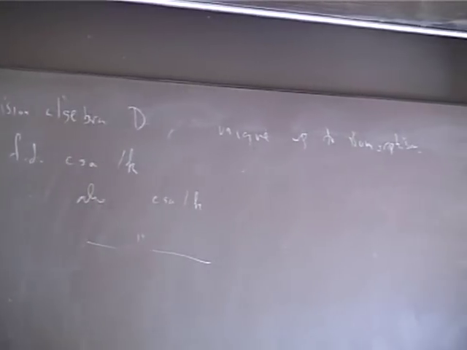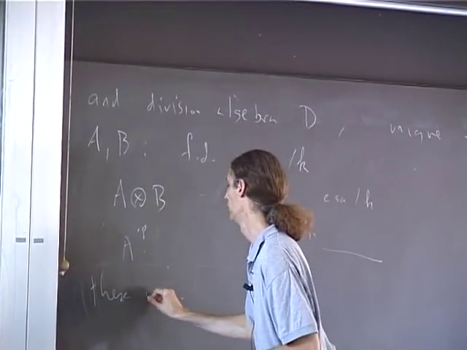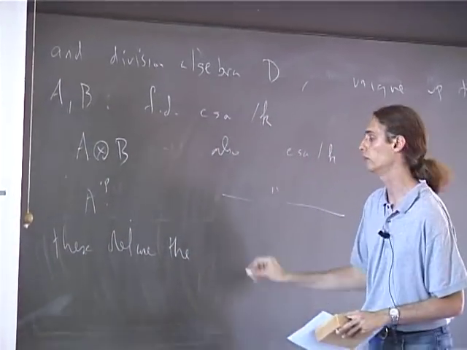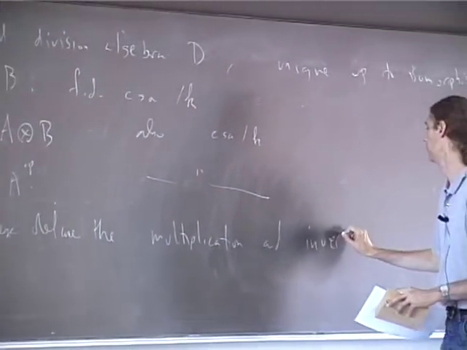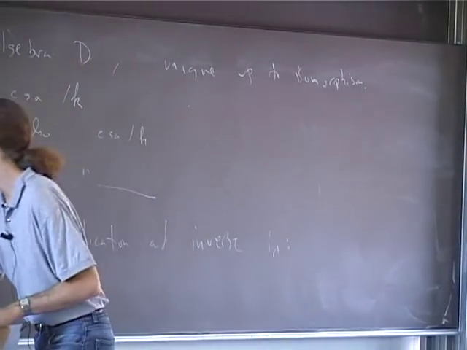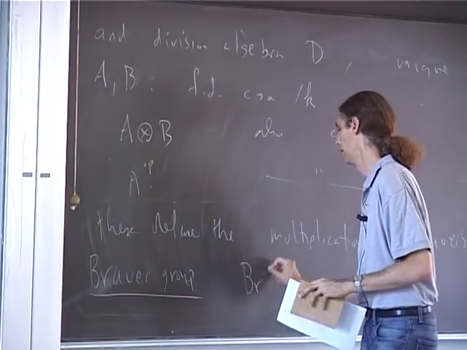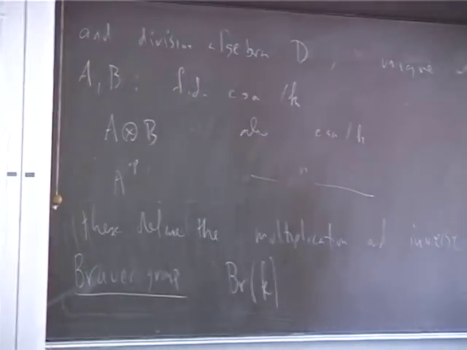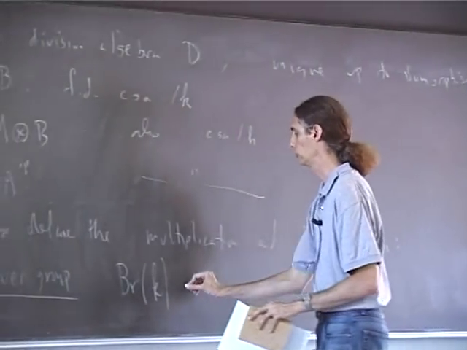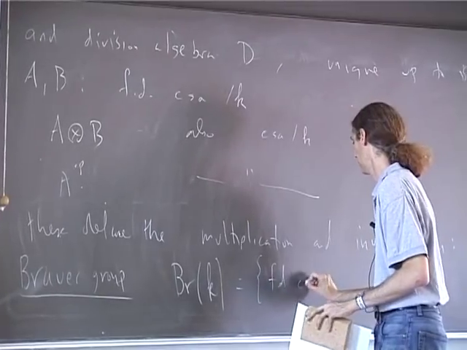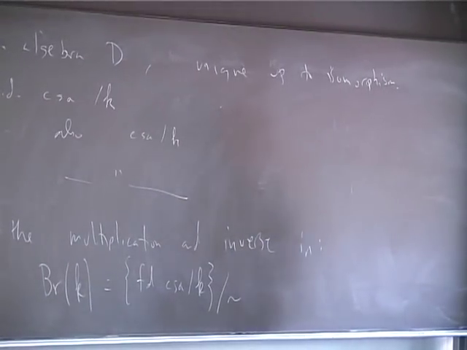You take the algebra with the opposite multiplicative structure, and these define the multiplication and inverse in the Brauer group for K, whose elements are classes of finite dimensional central simple algebras, up to what's called Brauer equivalence.